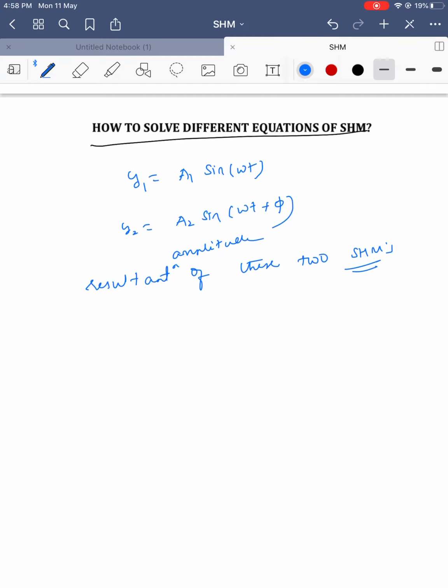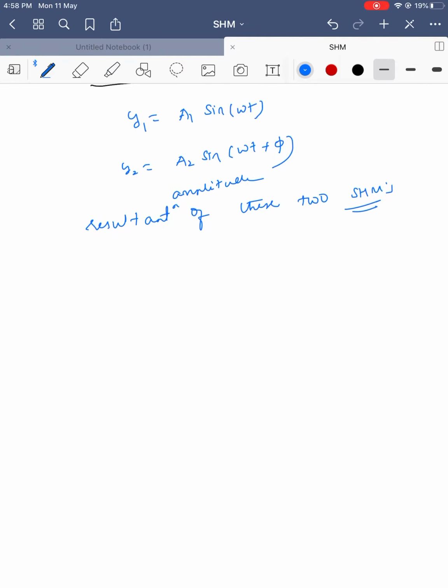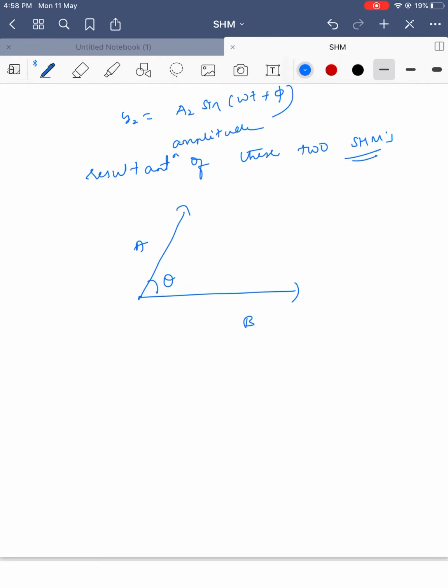Do you remember vectors? When two vectors are given, say there is a b vector and an a vector, and the angle between them is theta, how do we get the resultant magnitude? R is equal to square root of a square plus b square plus 2ab cos theta.